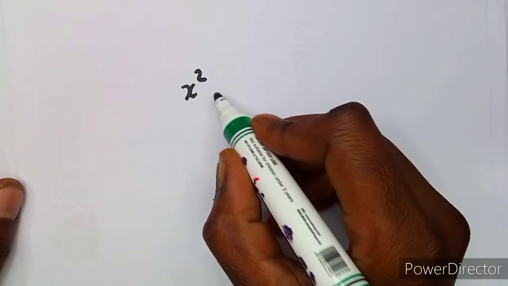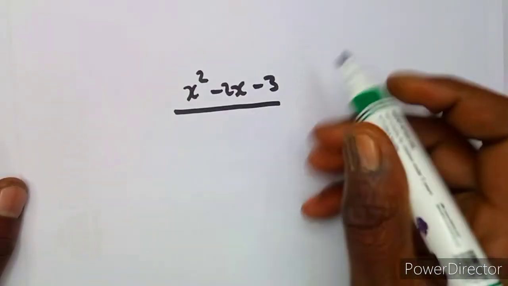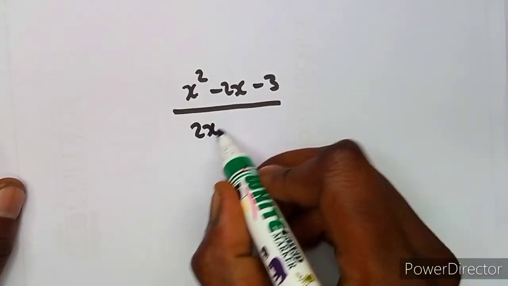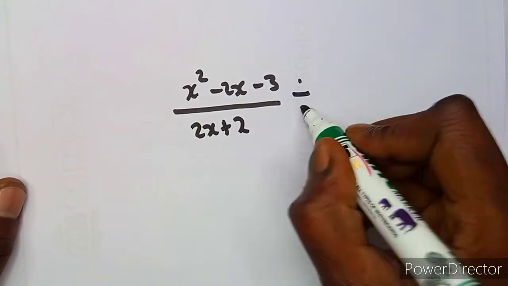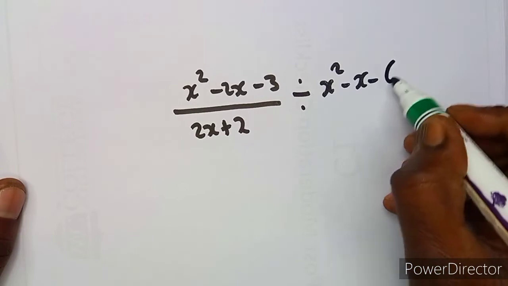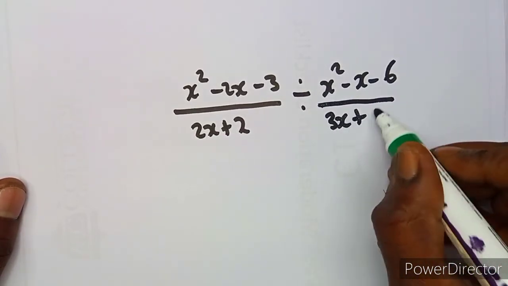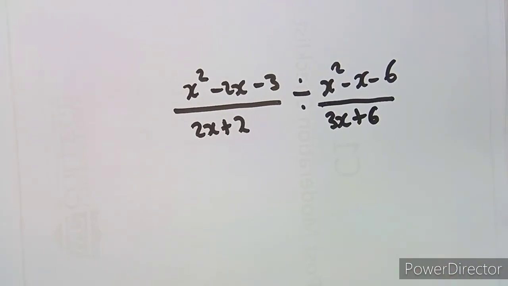x squared minus 2x minus 3, everything over 2x plus 2, divided by x squared minus x minus 6 over 3x plus 6. That is what you're given there.